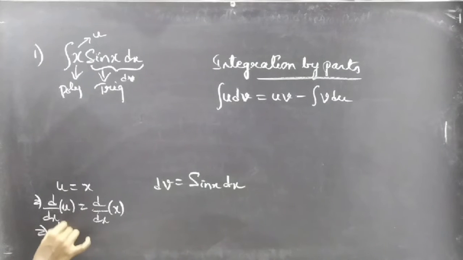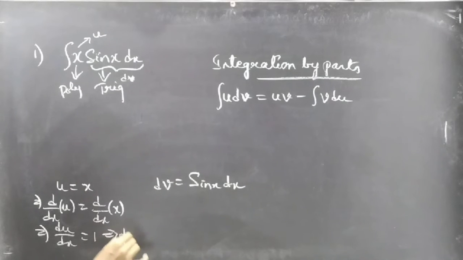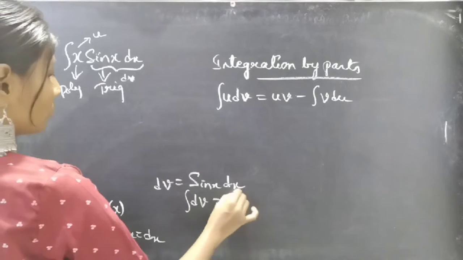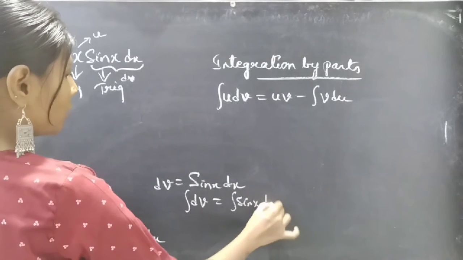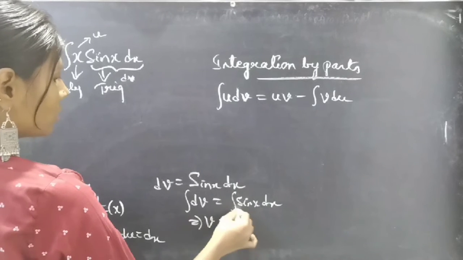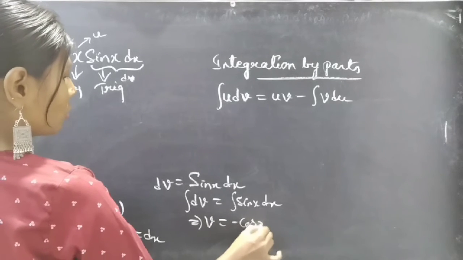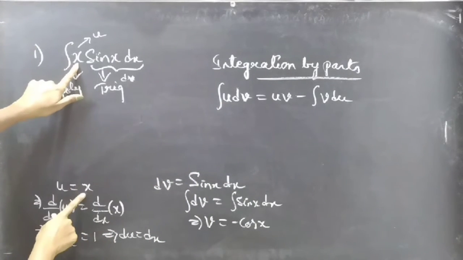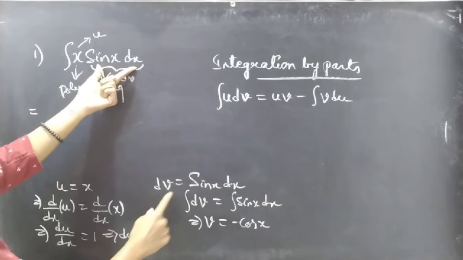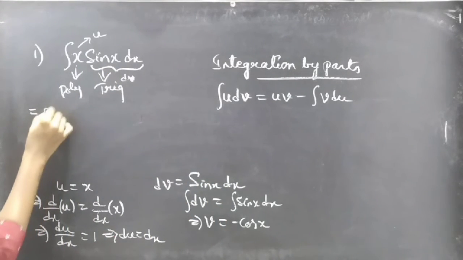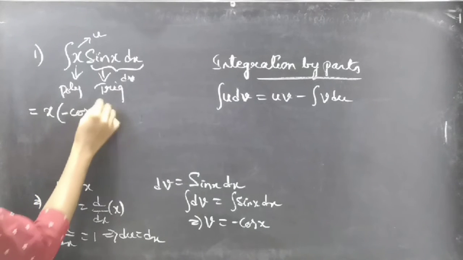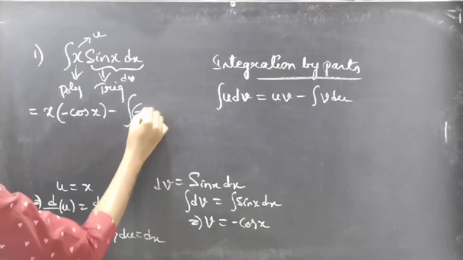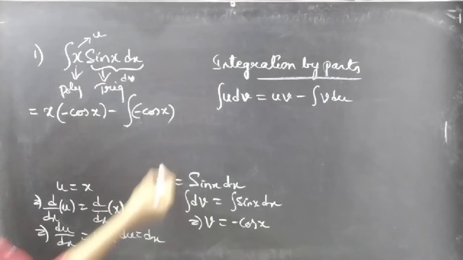We'll get du by dx equals the derivative of x with respect to x, which is 1. From this we'll get du equal to dx, right? And here we are going to integrate on both sides to find v. This gives us v equal to integral sin x dx, which is minus cos x. Now apply this formula. Integral u dv equal to uv, that is x into minus cos x, minus integral v du, which is dx.